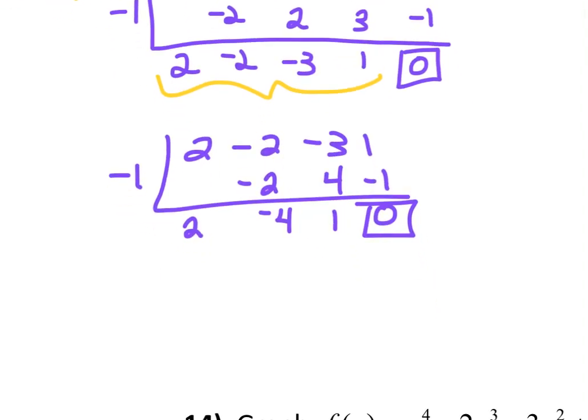And this time my quotient is 2x squared minus 4x plus 1. That is not factorable.